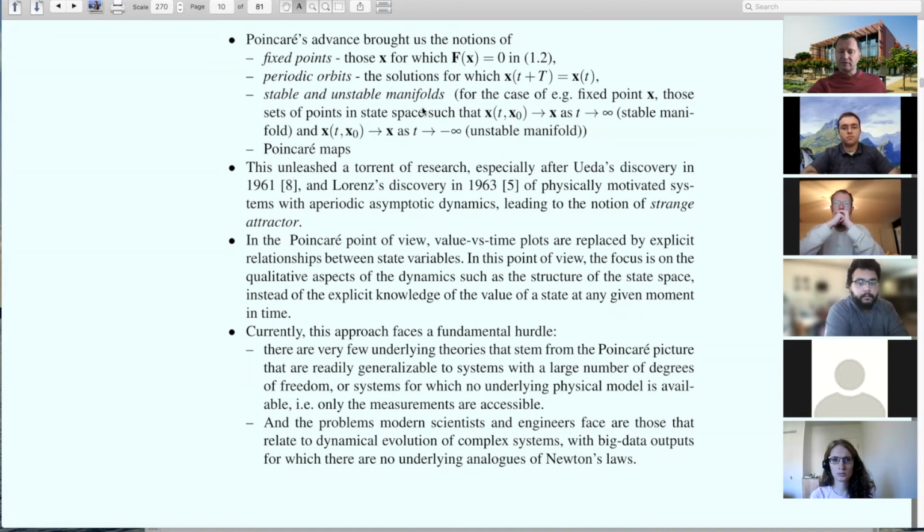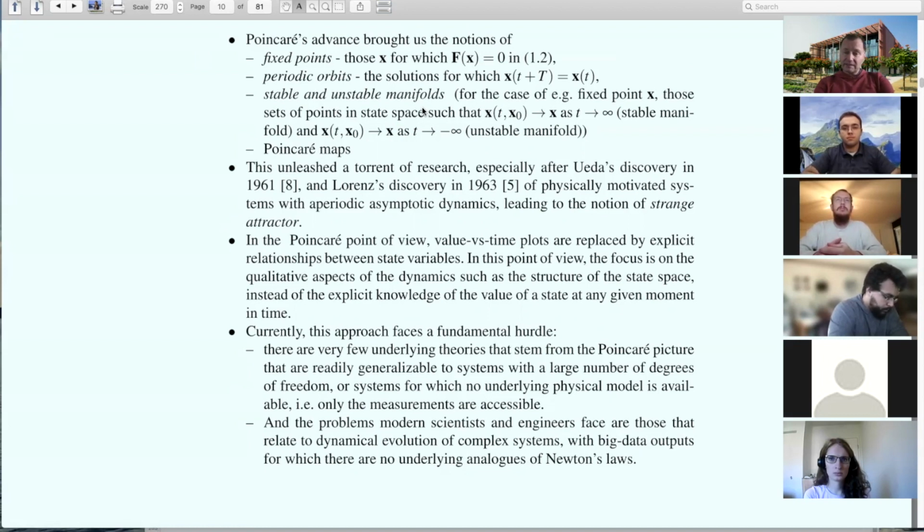But it's an approach that currently faces some pretty serious hurdles. We can do extremely well understanding systems in 2 and 3 dimensions, and in special cases 4, 5, 6, maybe 3 degrees of freedom. So the 3-body problem is still investigated in gory detail. That's Poincaré's problem from 130 years ago. There are still papers studying that problem, really good papers, by the way, with very solid mathematical results, studying that problem from this perspective.